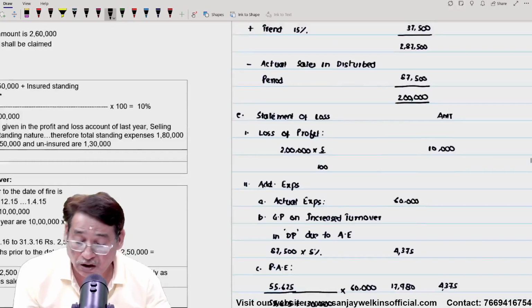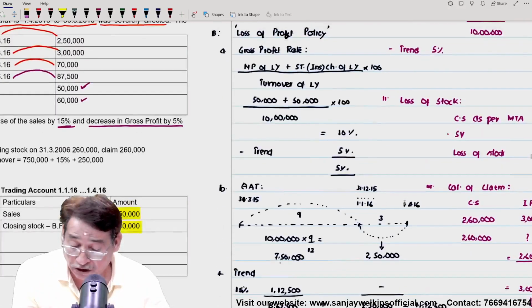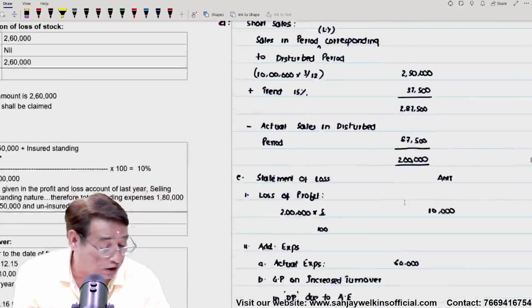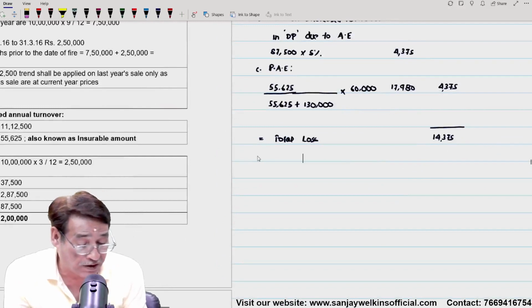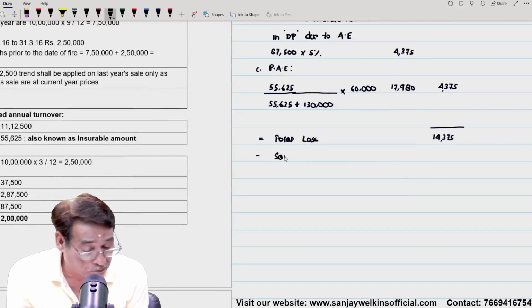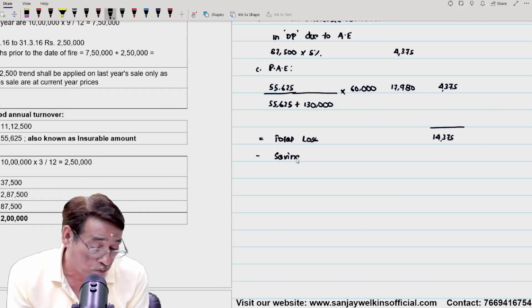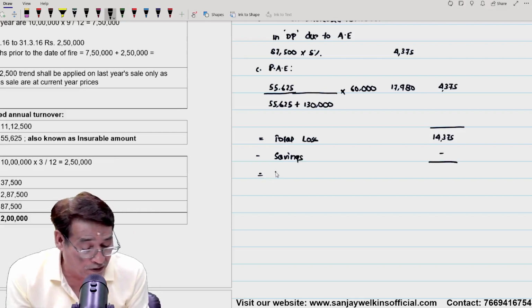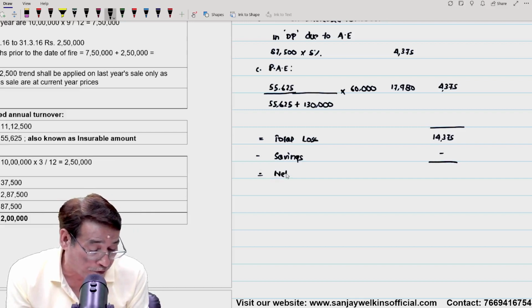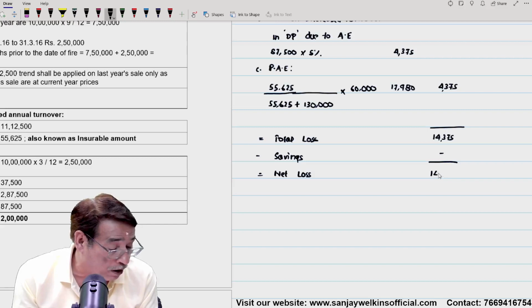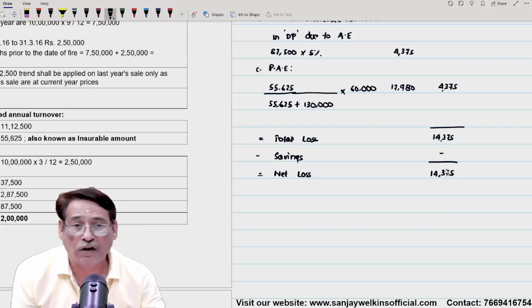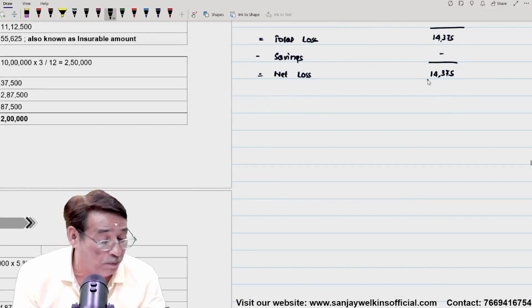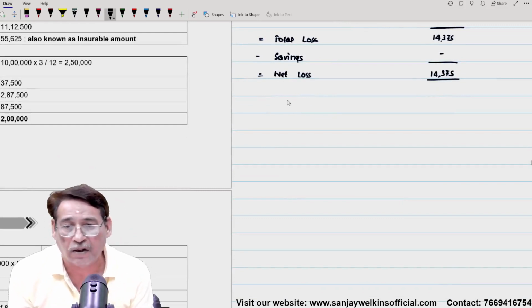In this question, nothing has been mentioned with respect to savings because we went through the entire question. So no savings are given. So your net loss of profit will be equal to 14,375. This will be considered as your net loss. Is it clear to you?